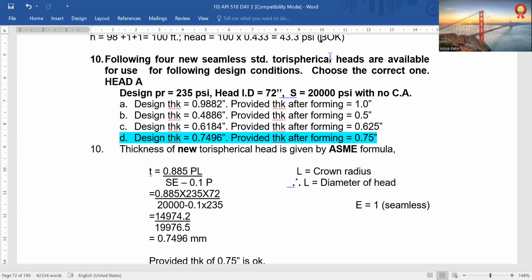And that is around okay. You have to calculate 4 times to find the design thickness.